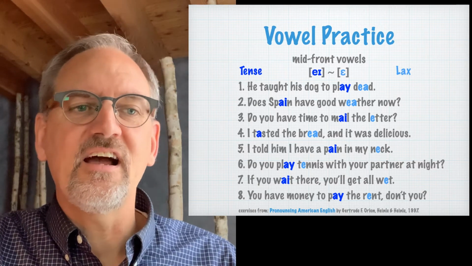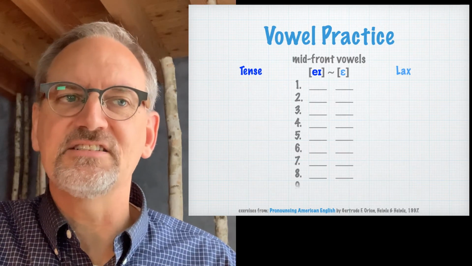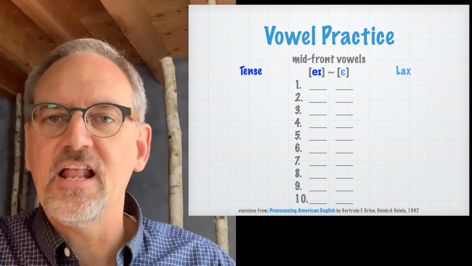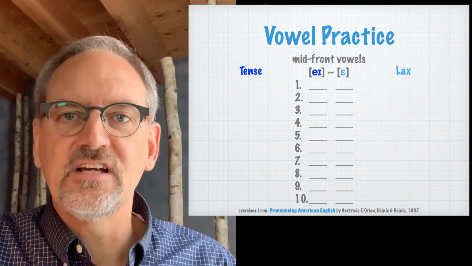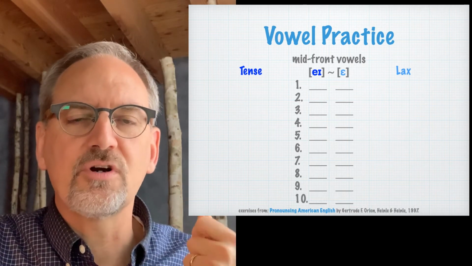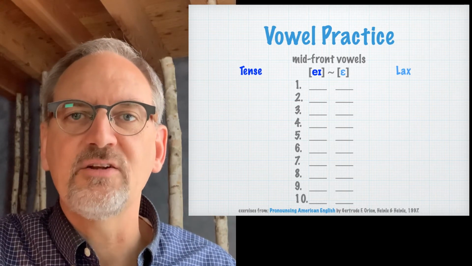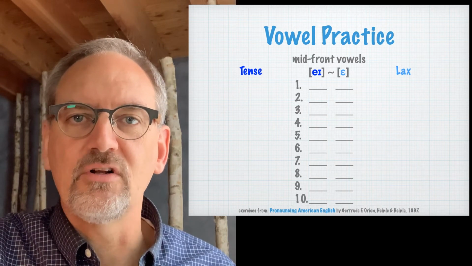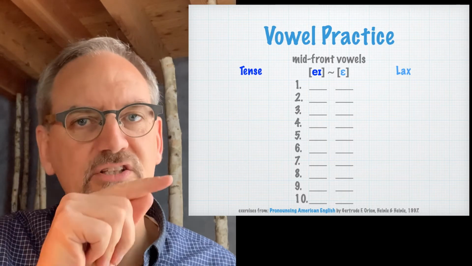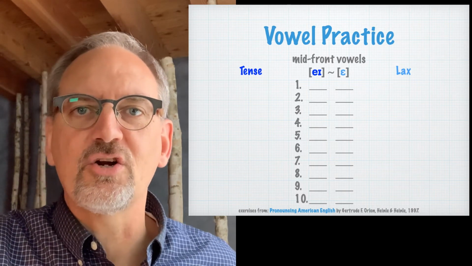Good. Okay, now we'll do an exercise that focuses on the contrast between A and E. I'm going to show a list of words. First, I'd like you to pause the video and just say the word in your mind and decide whether it has the lax vowel E or the tense vowel A, and put a check mark in the correct position.